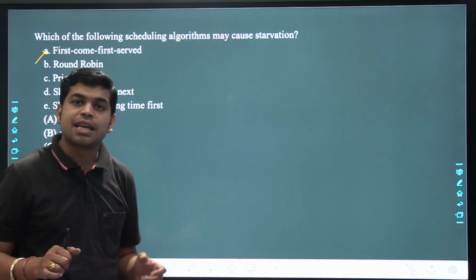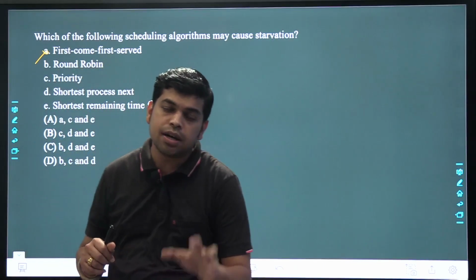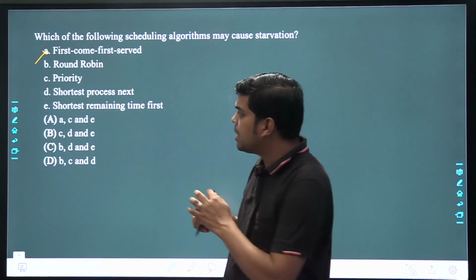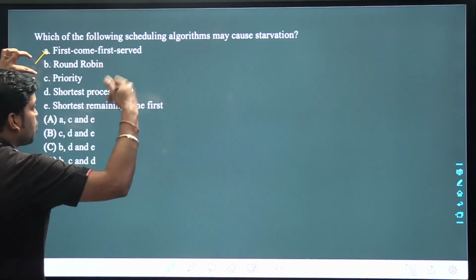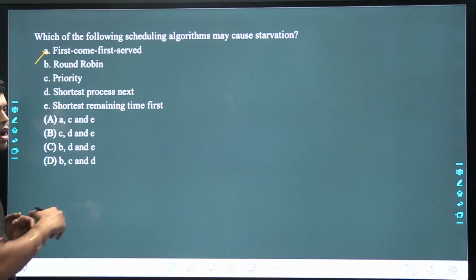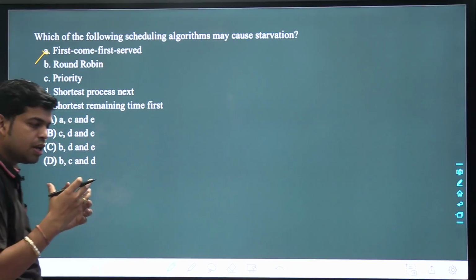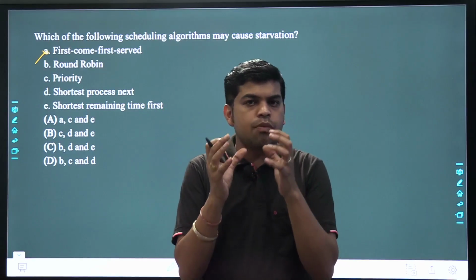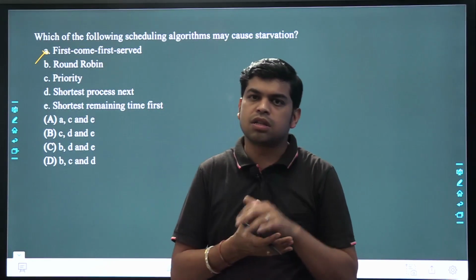If we use SJF, newly arrived shorter processes keep arriving again and again, and definitely the large size process will be kept waiting. So non-preemptive SJF can cause starvation.